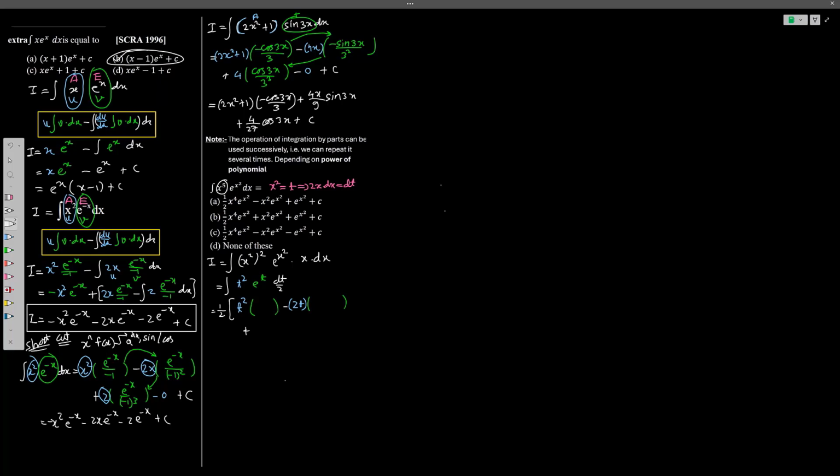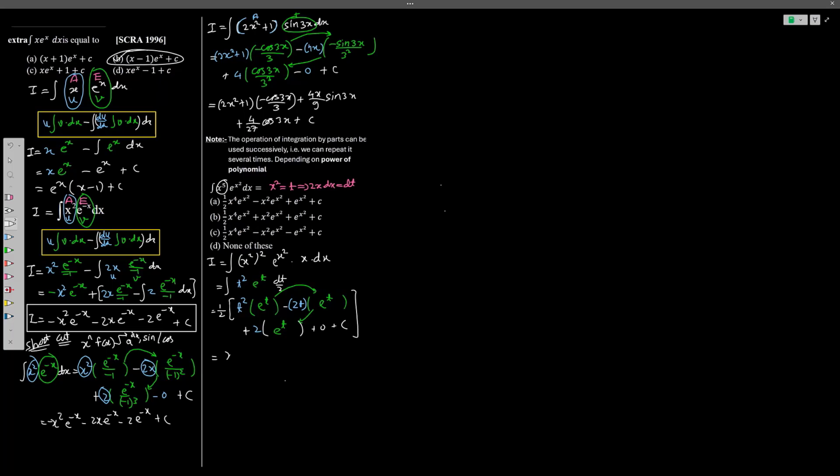plus differentiation of 2t, 2, and finally differentiation of 2 will be 0. So plus c. Now e raised to t, integration e raised to t, and the same e raised to t. To get the final answer, substitute the value of t.